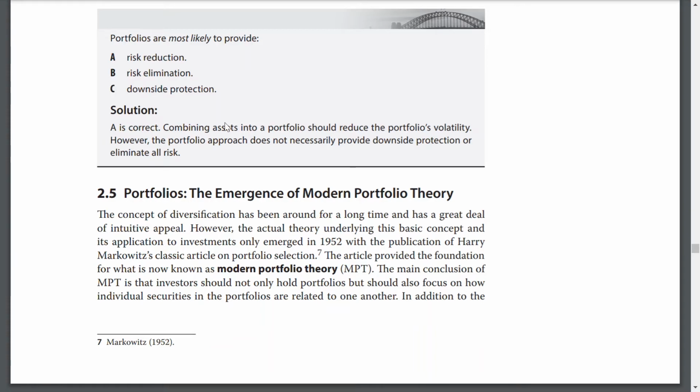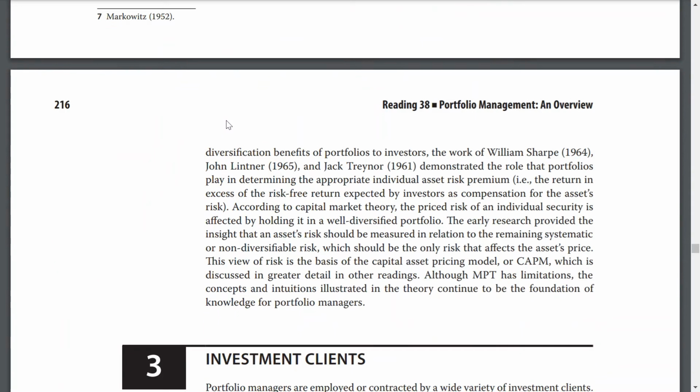In addition to the diversification benefit of portfolios to investors, the work of William Sharpe in 1964, John Lintner in 1965, and Jack Treynor in 1961 demonstrates the role the portfolio plays in determining the appropriate individual asset risk premium.